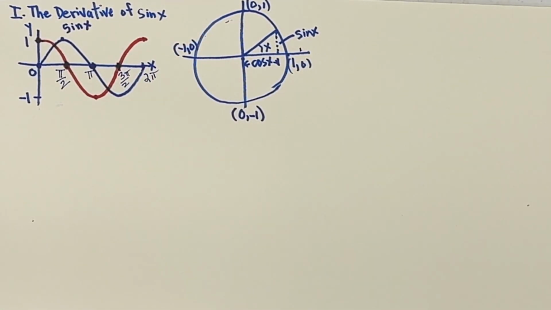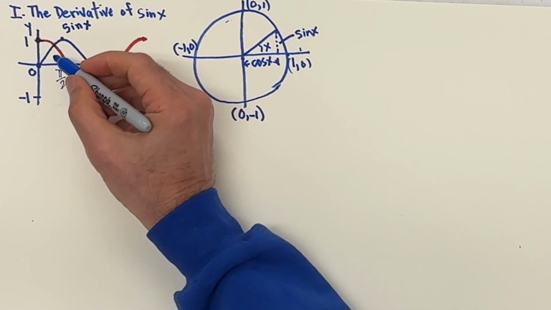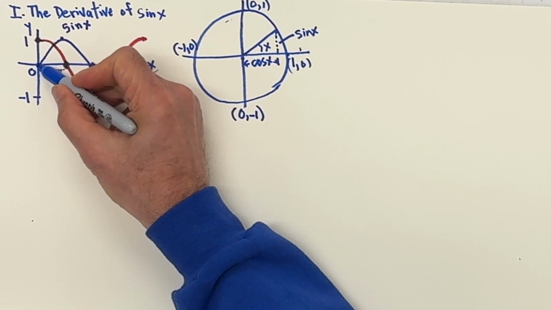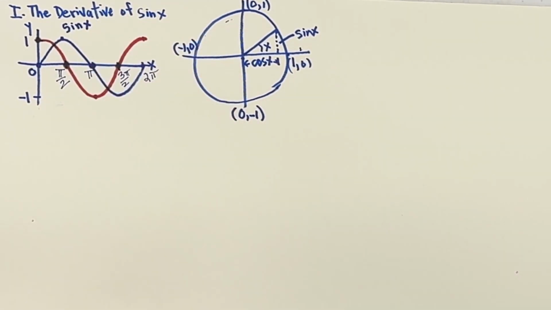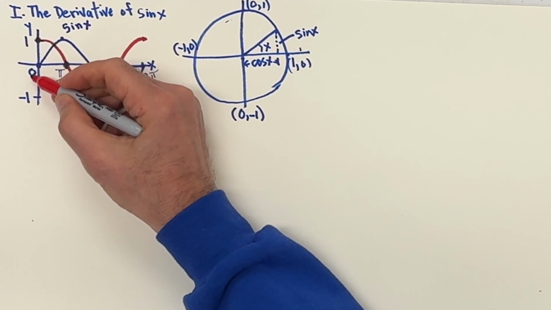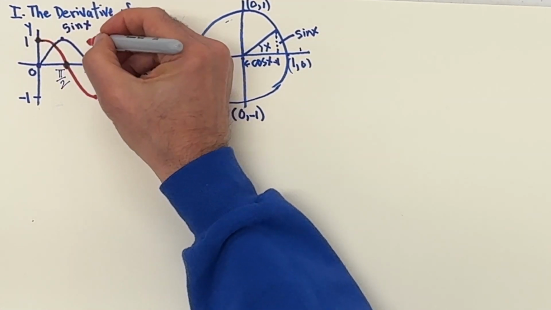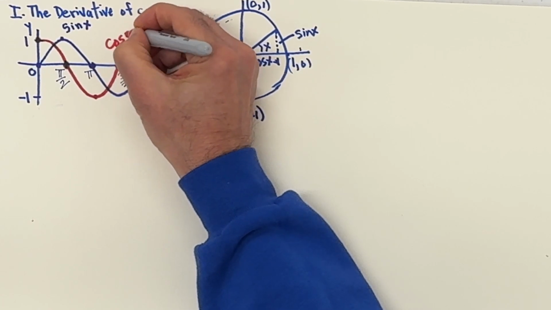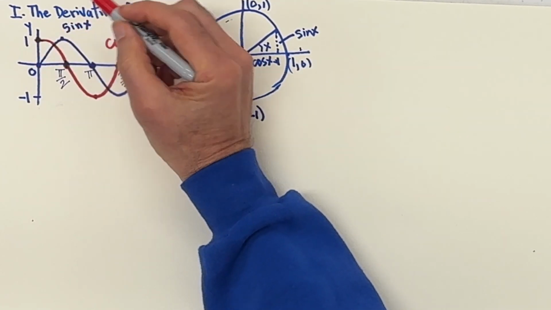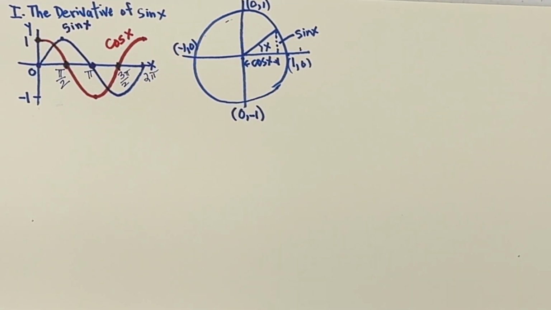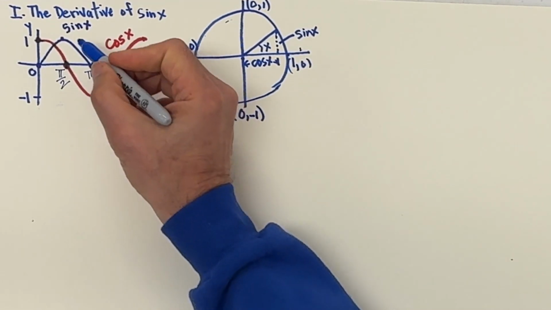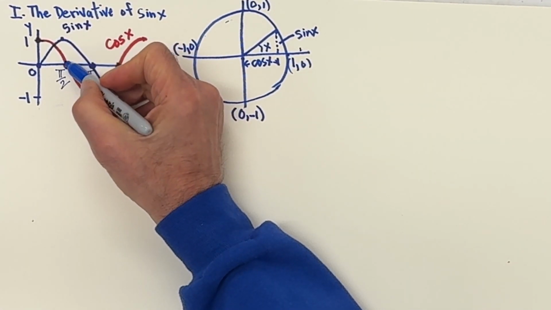Now, it's always good to have a picture of the functions we're considering. And I want to point out that the slope of the sine at 0 might be 1. Now, I'm not saying it's 1, I'm saying might. The cosine happens to be a 1 at that point. Now, let's look at the slope at pi over 2.